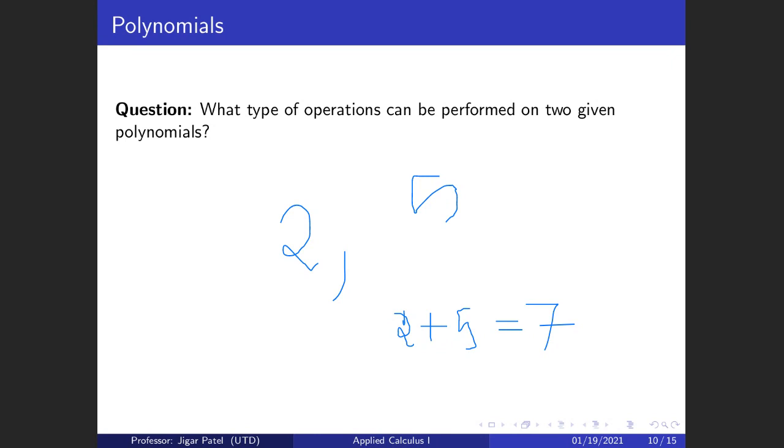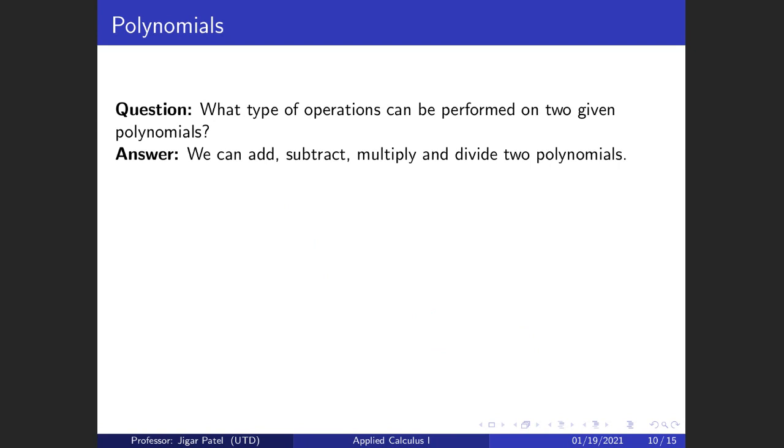In fact, we have been using this for many years. Can we do the same thing with polynomials to produce a new polynomial as a result? The answer to all these questions is yes. We can add two polynomials, we can subtract them, we can multiply them, and we can divide polynomial by polynomial. Kind of a cool thing, no?